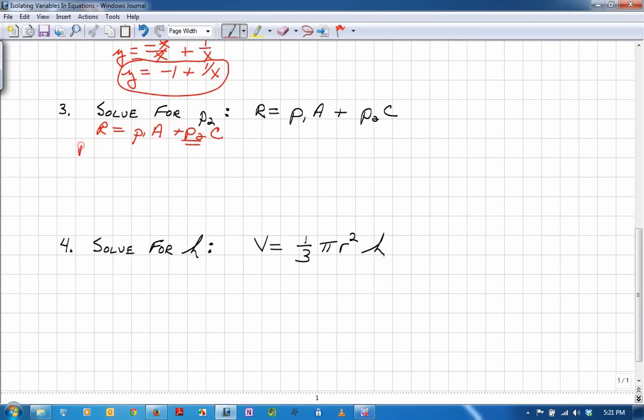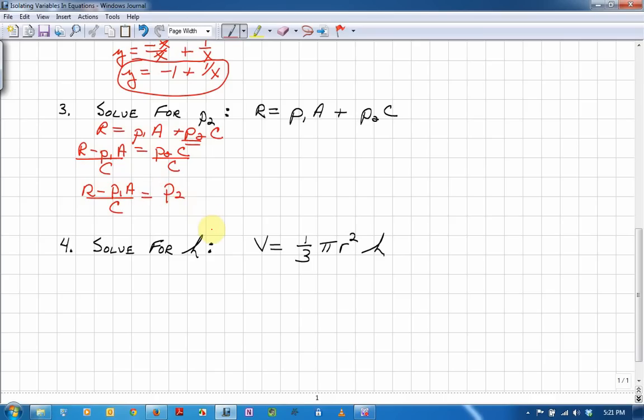That gives me R minus P1A is equal to P2 times C. To get rid of the C that's with the P2, let's divide both sides by C. And what I'm going to have is R minus P1A all over C is equal to P2.